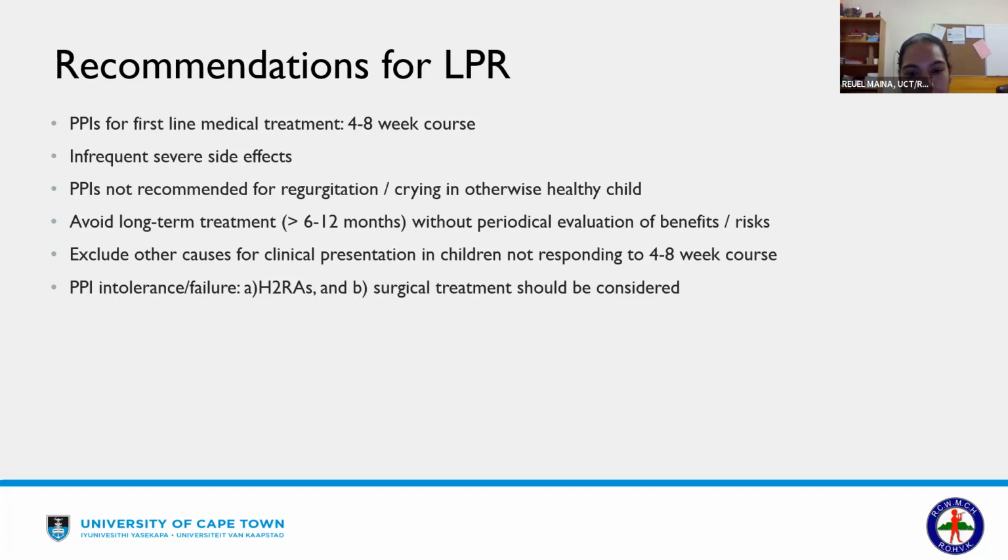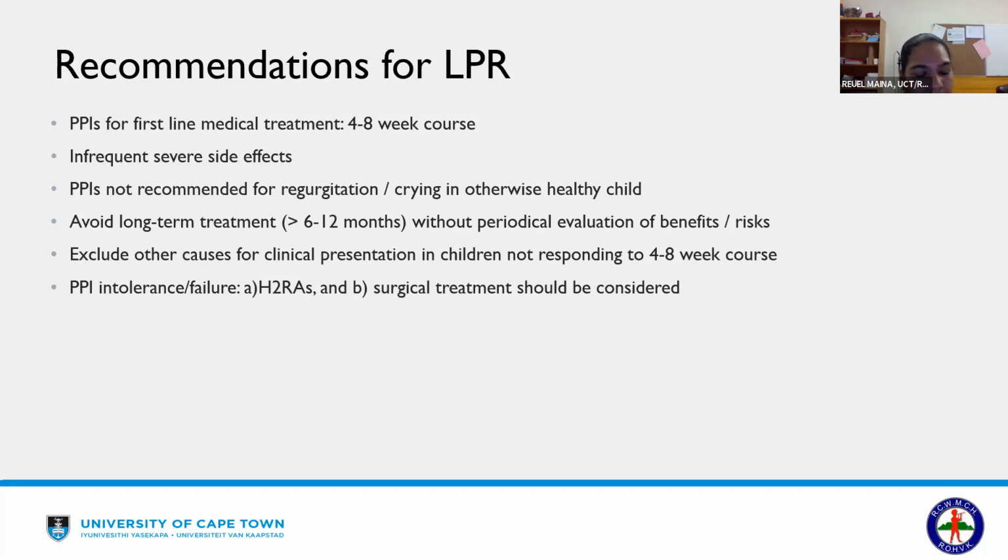It is recommended that periodic evaluation of benefits and risks be done with children specifically. It's important to exclude other causes for the clinical presentation in children that are not responding to a 4 to 8 week course, and to investigate after 8 weeks rather than continuing on with the acid suppression.